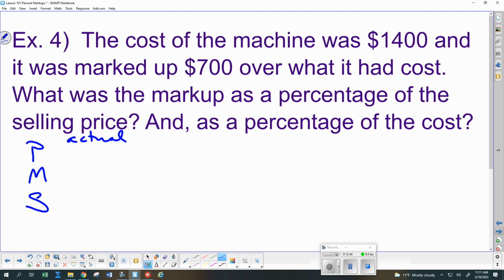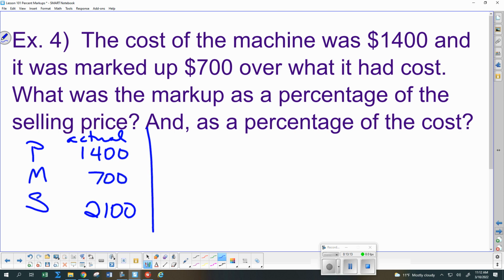Is that P or M or S? When it says cost. That's P because that's the dealer cost. So 1400. The markup was 700 over what it had cost. So that means the selling price was how much? $2,100.